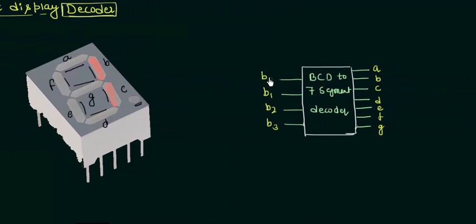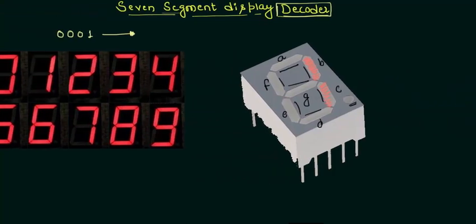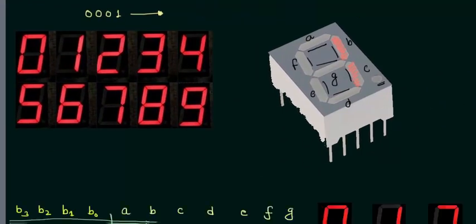There are 4 bits, B0, B1, B2 and B3, that represent your number from 0 to 9, and this is your 7 segment display decoder, and that is what we have to find out in this presentation. It is nothing but a combination of logic gates which decodes this incoming signal to the signal which makes these segments high correspondingly. So let's move to this one.